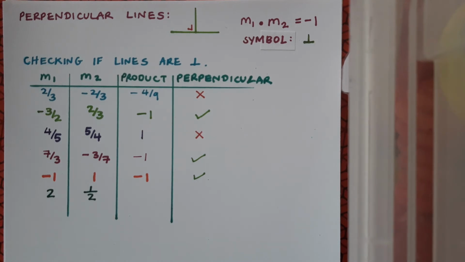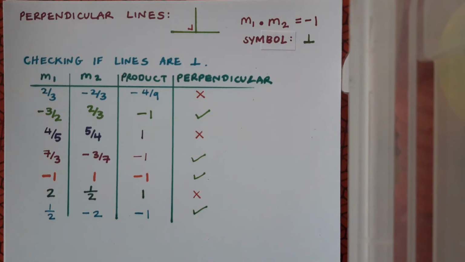Next I have 2/2. So are these two perpendicular? Well, this time my product is 1 and not the -1 that I need, so no, they're not perpendicular. And finally, what about a half and -2? If I have two lines with these slopes, are the lines perpendicular? In this case, the product is -1, and that means, of course, the lines are perpendicular.